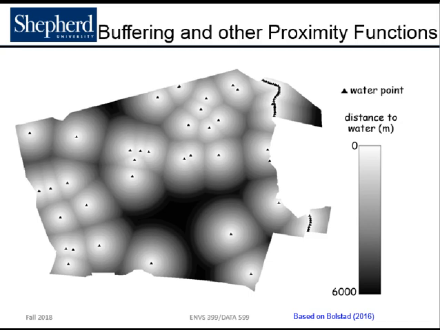A proximity function then calculates the distance to all water points for each raster cell. The minimum distance is selected and placed in an output raster data layer, as we see in the slide. The distance function creates a mosaic of what appear to be overlapping circles.